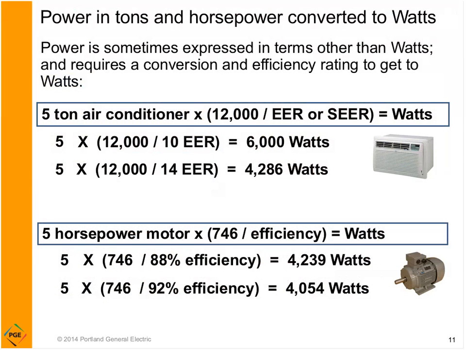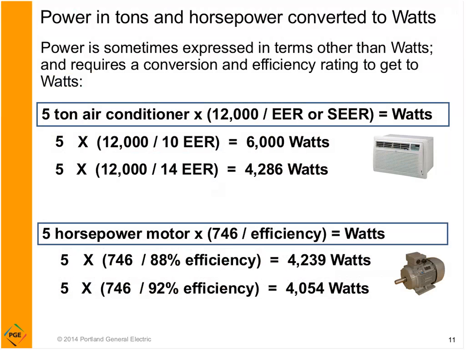So sometimes when we're working in offices and buildings, we are expressing energy in terms of tons of air conditioning or horsepower, which means someone will have to calculate the watts. And this is something very important to stay on top of. Here's an example of two 5-ton air conditioners.